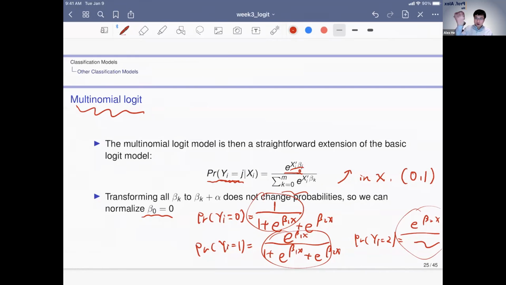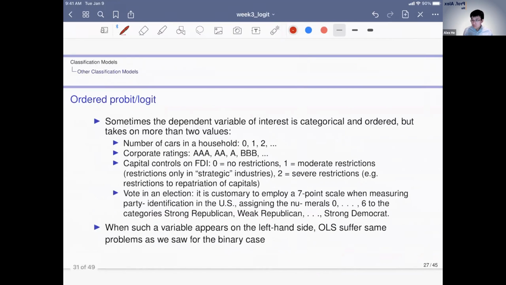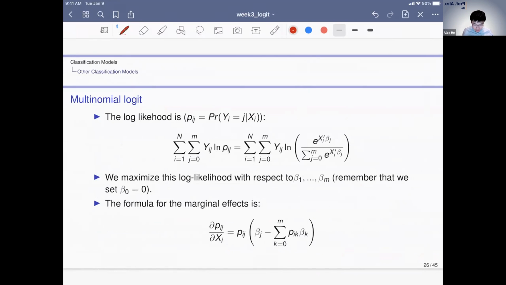That's the likelihood of observing the whole data, and we maximize that probability with respect to beta 1 and beta 2. So that's how you would estimate that. And you could also calculate the marginal effect, which is, again, just taking the partial derivative. Okay, so that's multinomial logit, which is just an extension of the standard logit model.